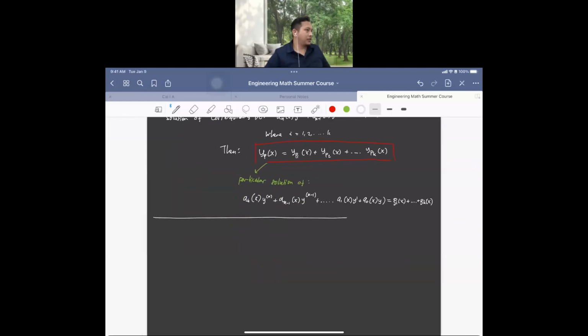Okay, I think we can just follow the textbook. So the next section here is what we call reduction of order.